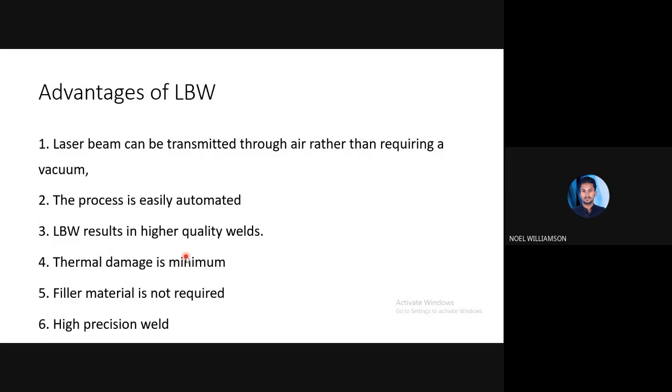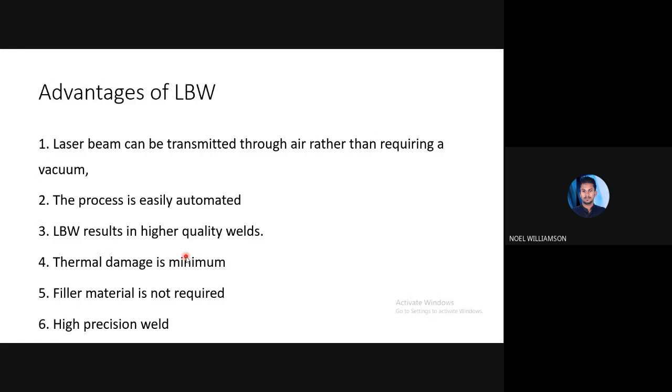Next, filler material. In any welding process, what we need is a filler material. So we have two metal parts, we keep them together and take a filler material, and we weld it.